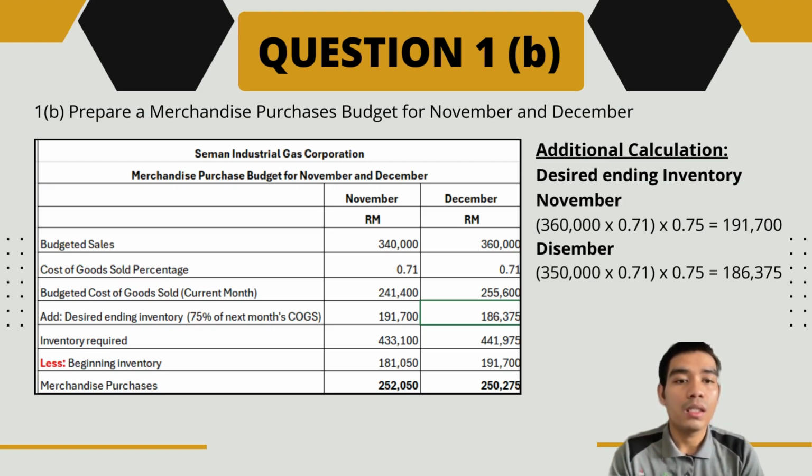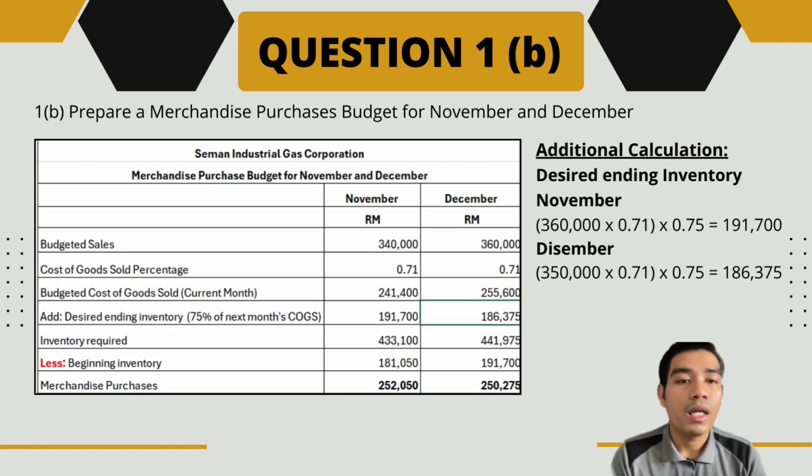After that, we calculate the desired ending inventory, which is calculated from the budgeted sales of the next month times the cost of goods sold rate of 0.71, and also times the next month cost of goods sold rate, which is 0.75. We get the desired ending inventory for November of 191700, while for December 186375.